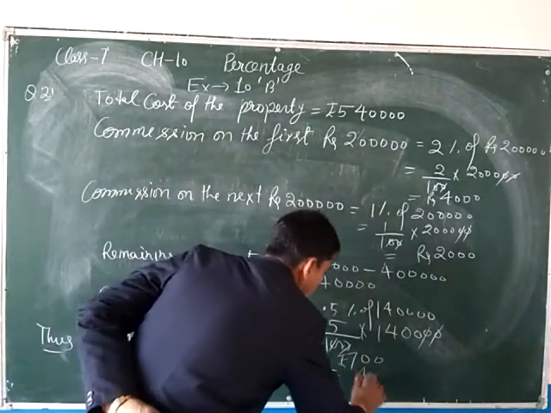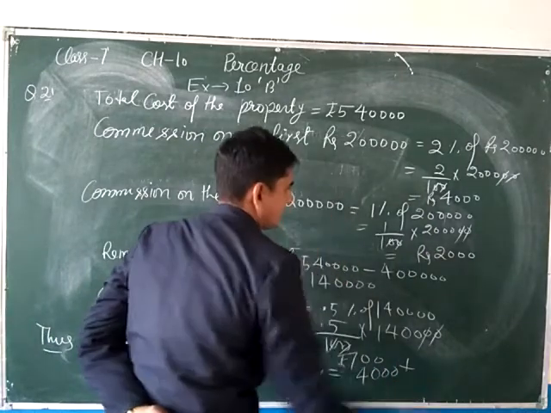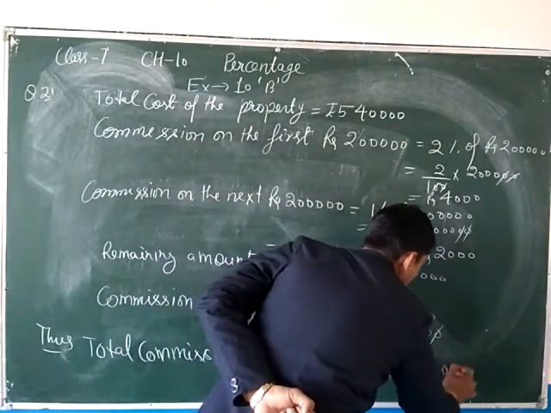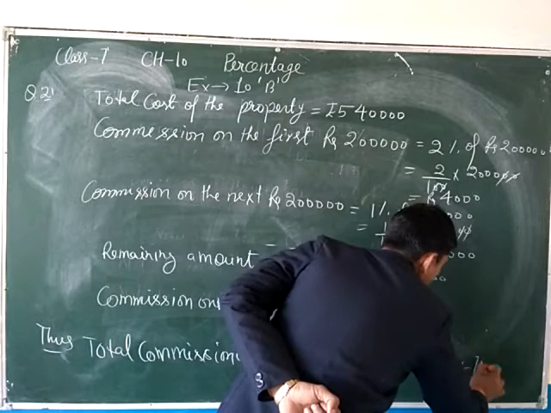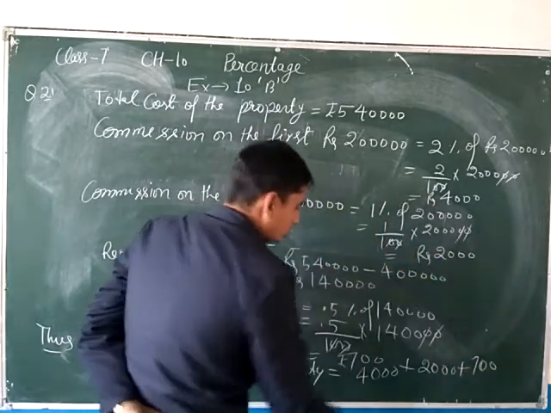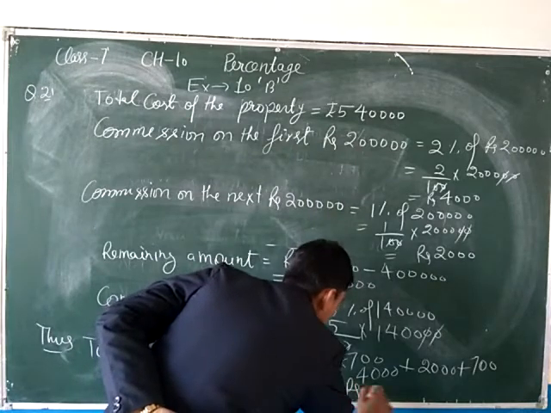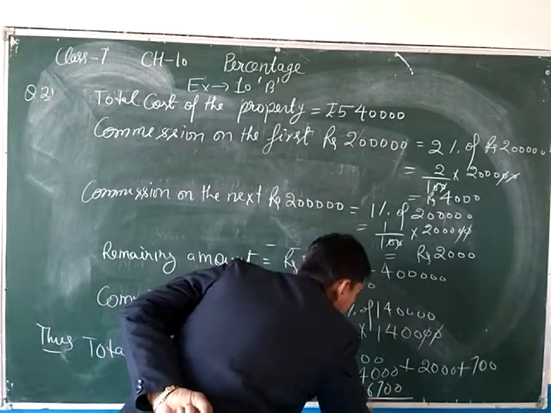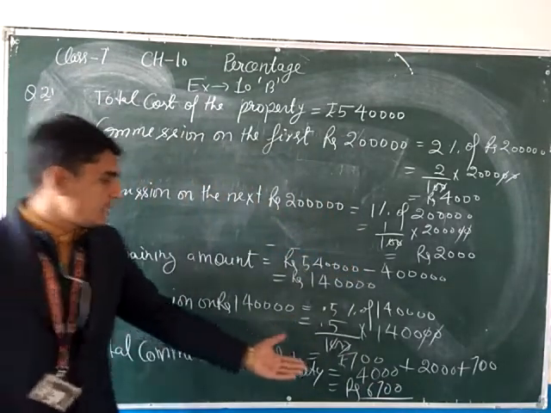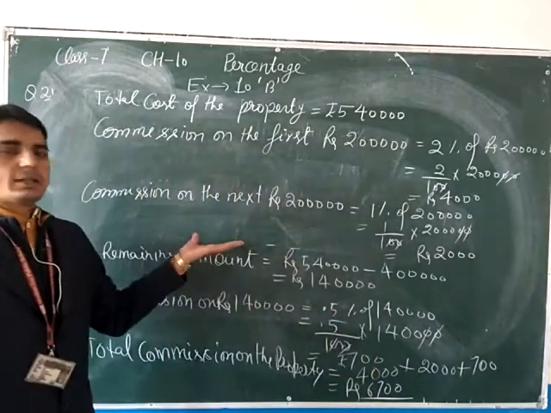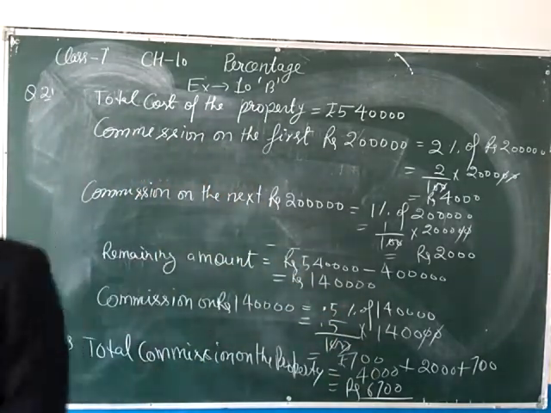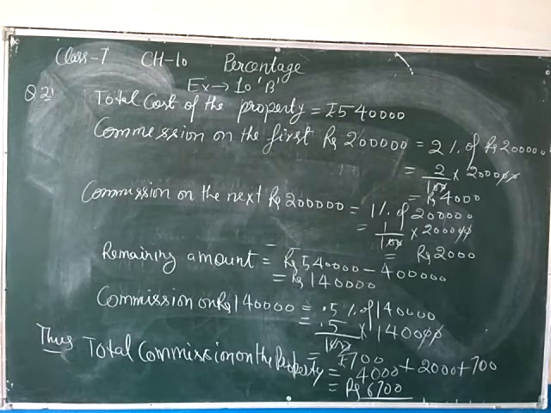This 4,000 plus 2,000 plus 700. Clear beta? So 4,000 and 2,000 is 6,000, so 6,700. 6,700 is the required answer. Everyone clear beta? Now after this, see the next question.